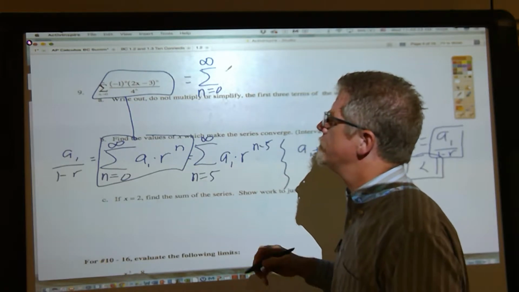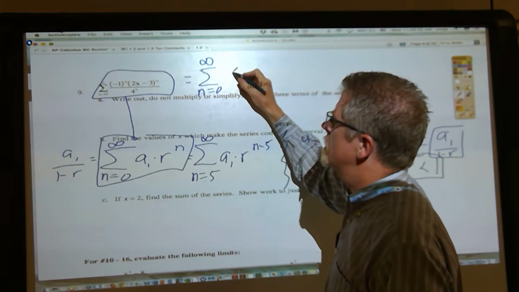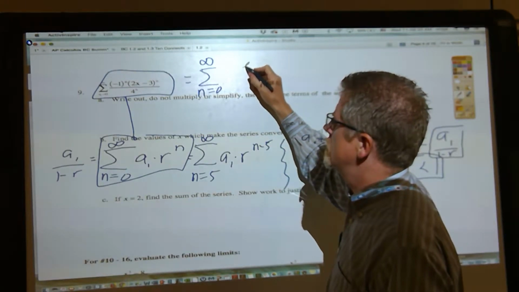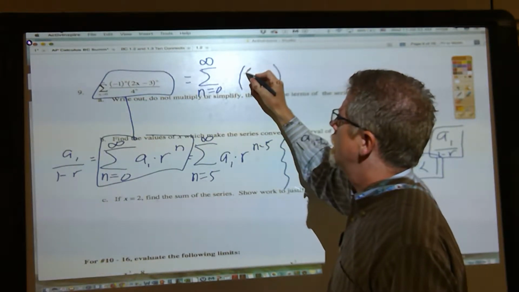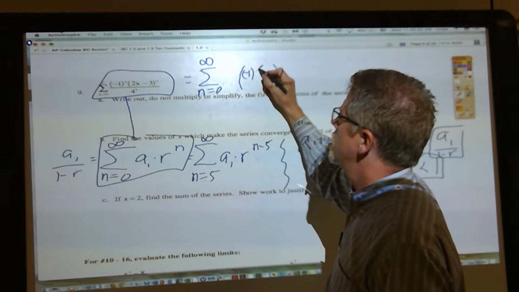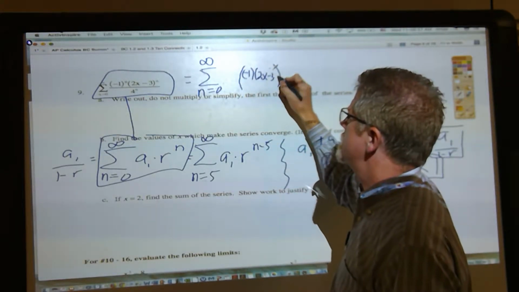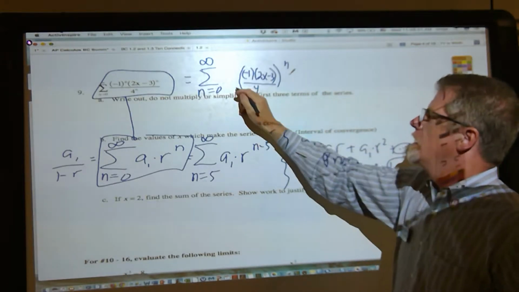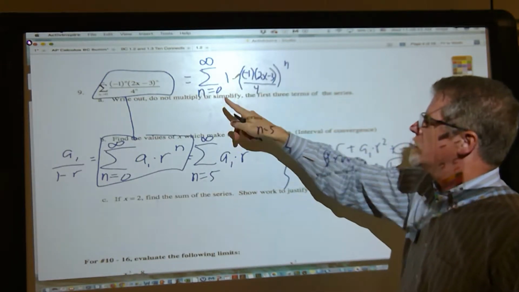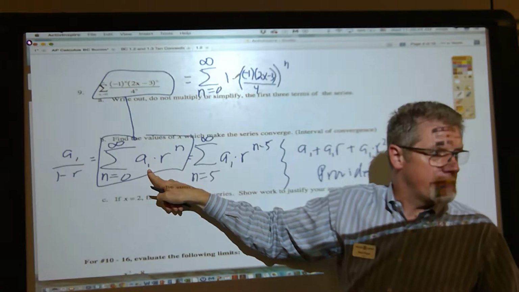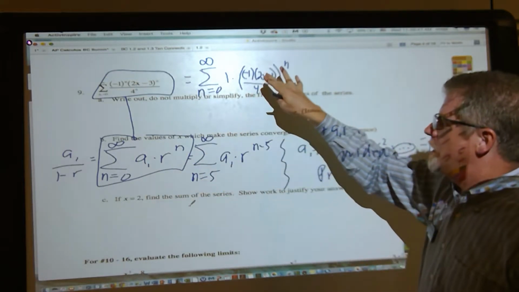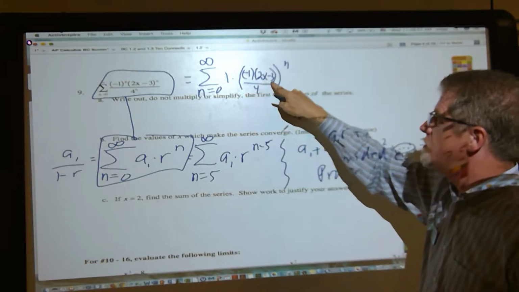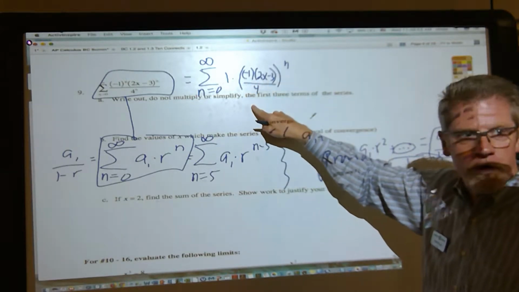It looks like the first term is 1 times 2x minus 3 all over 4 to the nth power. So I could put a 1 up front. So the 1 matches up with the a1. And the r appears to match up with negative 1 times the quantity 2x minus 3 over 4.